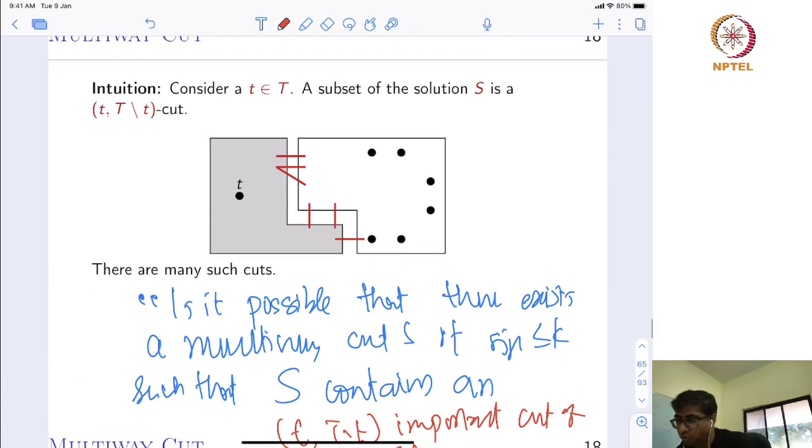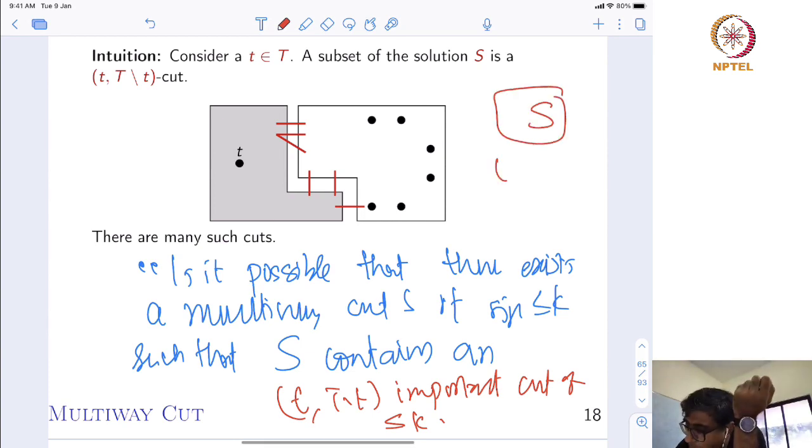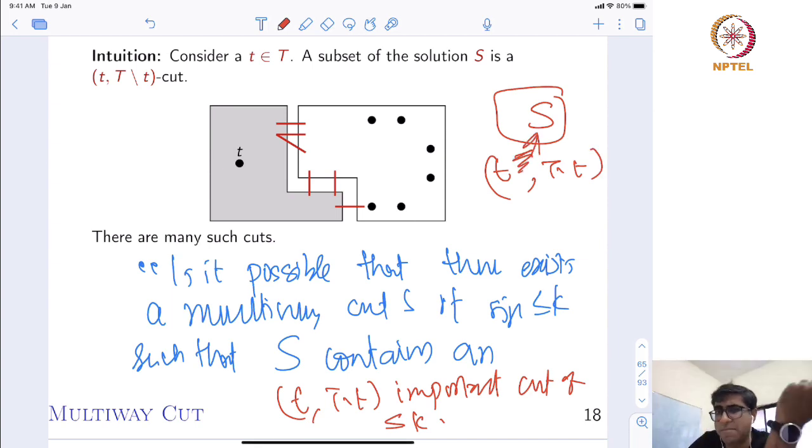So we know that a minimal T minus T cut is contained inside S. That's okay. But that's not useful because there are too many of them. I'm saying, can I find a solution S to my problem which has the property that if I look at the T minus T cut inside it, it is not just any minimal cut, but an important cut?